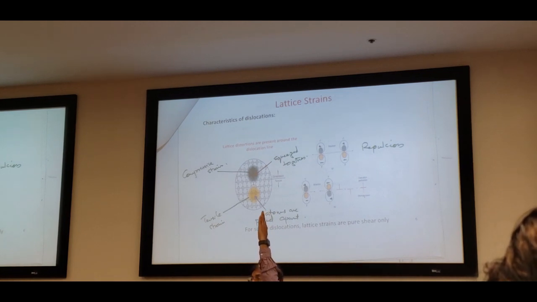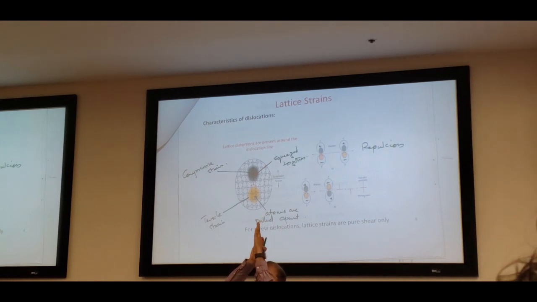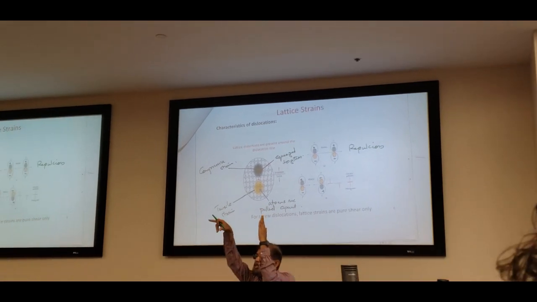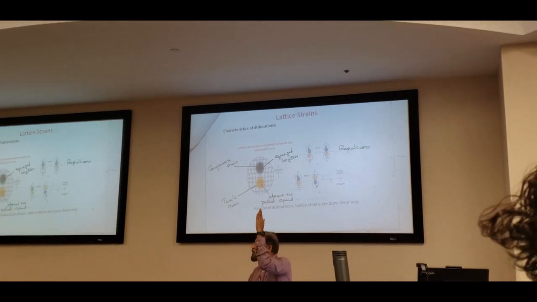At the bottom, then in this case there is compression on top and repulsion. What is here? Tension. Compressive strain at the top and tensile strain at the bottom. Whereas in the other case, it is tension at the top and compression at the bottom.